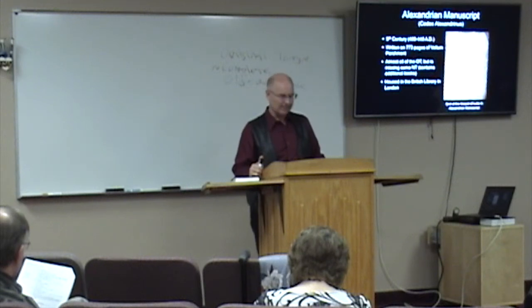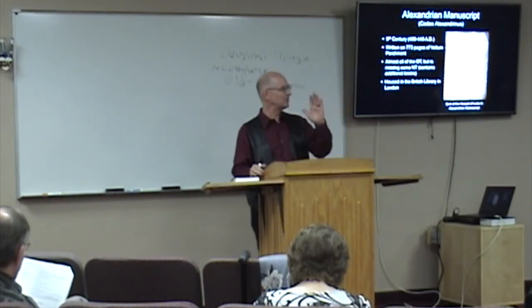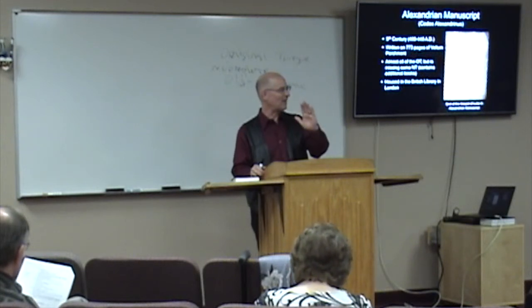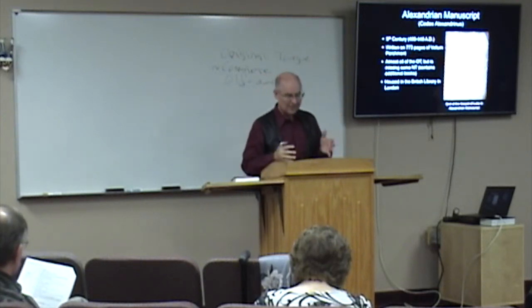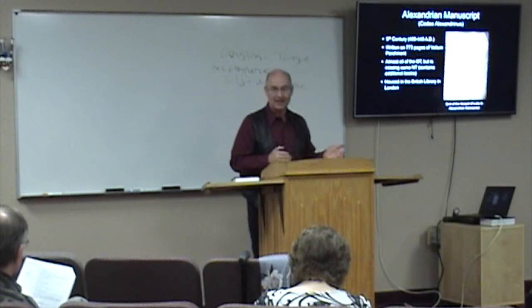So what starts to happen here? What's happening? They're adding. It's getting newer, I should say, later, and they're starting to add other things. Some things being added to these very, very old ones. This is about 200 years newer than the Vatican and the Sinaitic.